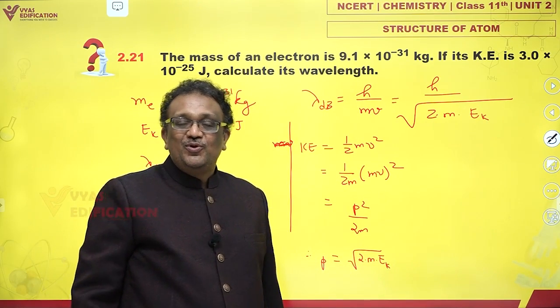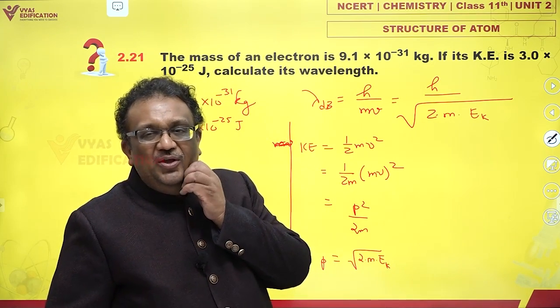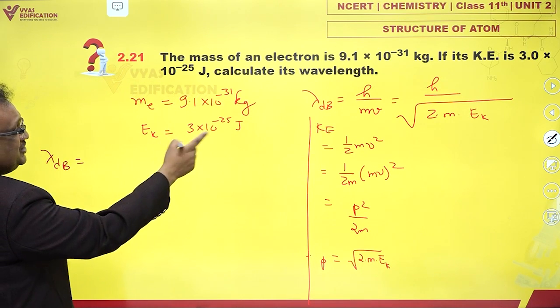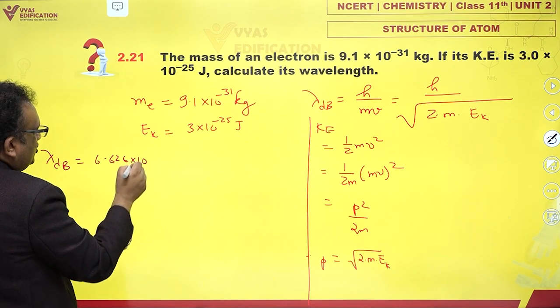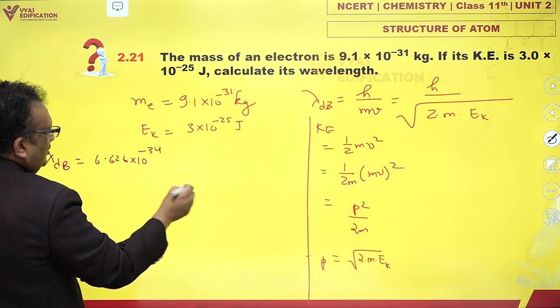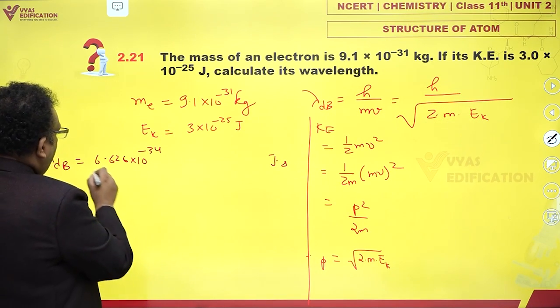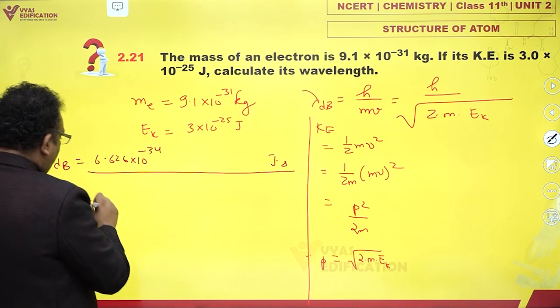Wow, this is really beautifully ugly. Yes, cheap, dirty calculations, but they're useful. Let's do them. So lambda de Broglie is h. h is 6.626 into 10 raised to minus 34 joule second, divided by under root 2m.